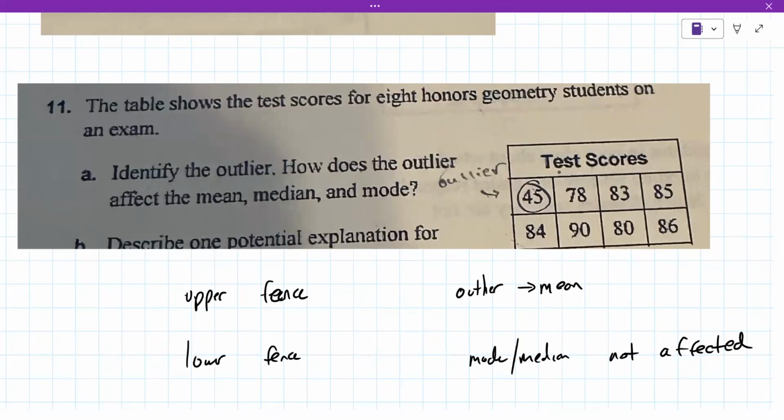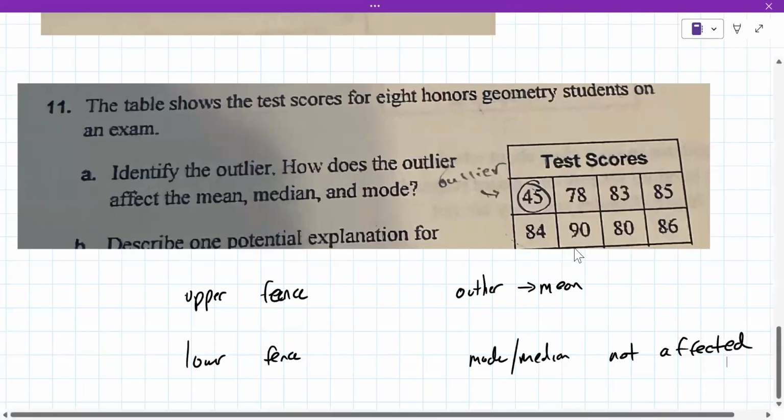The median is the middle number, so it just swings a little bit with an extra data point, whereas the mean, the outlier is contributing to it directly.